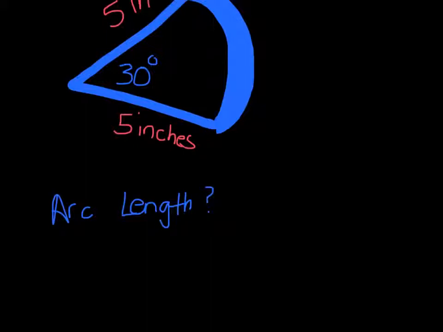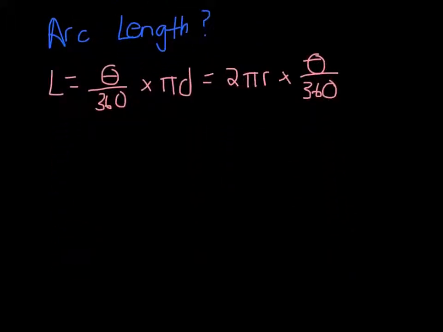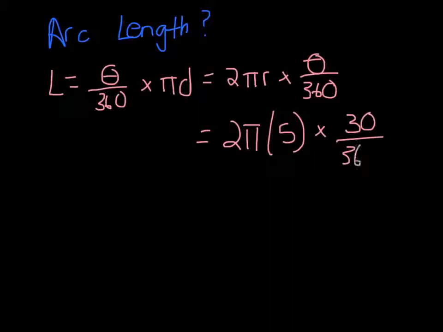Well, we know our equation: length is equal to theta over 360 times pi d, or 2 pi r times theta over 360. We know our radius is 5, so 2 pi times 5 times our angle, 30 degrees over 360.